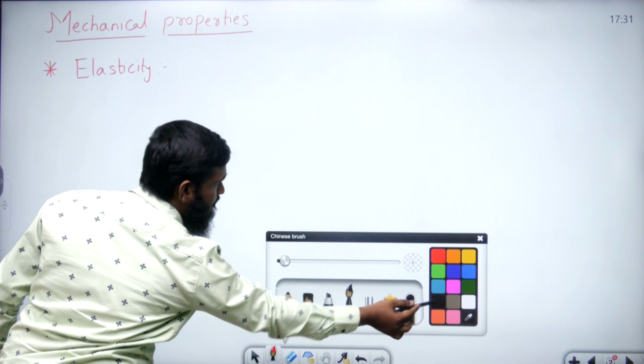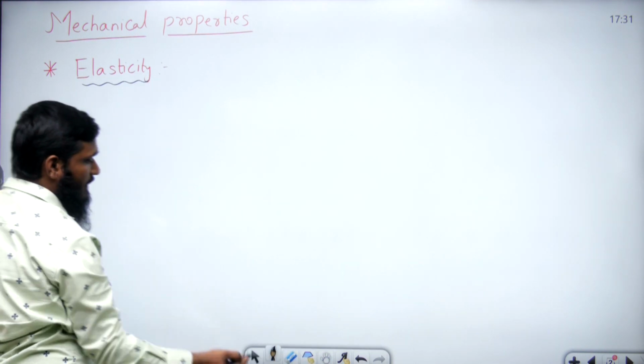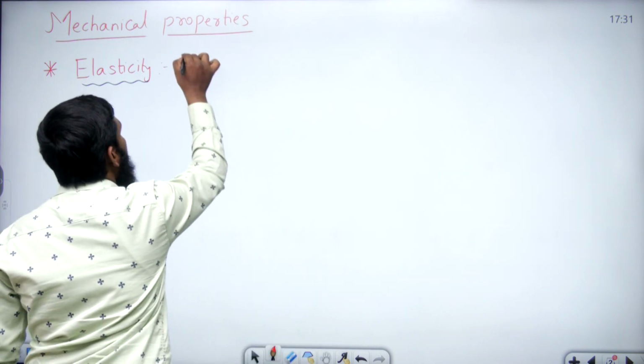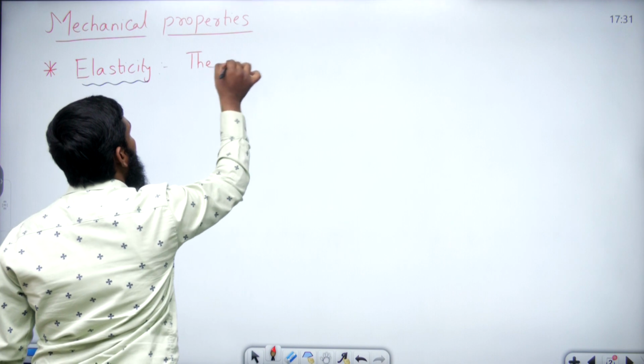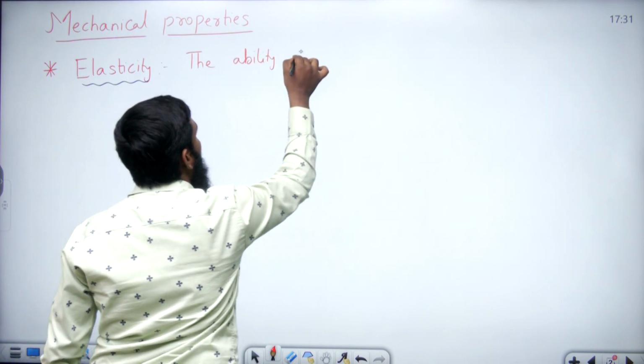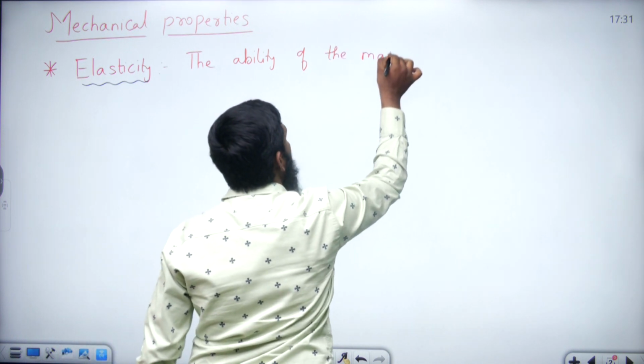Listen here carefully. I'll write the definition over here. What is the meaning of elasticity? The ability of the material, or else we can write it as a body also.